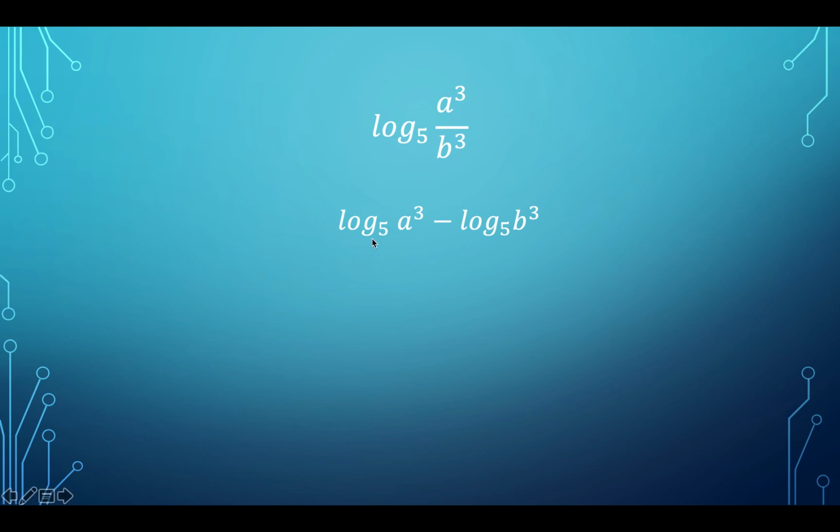So now we have log base 5 of a to the third minus log base 5 of b to the third. Not done just yet because we have these exponents up here. We have to simplify them. So let's bring them down to the front. So we have 3 log base 5 of a minus 3 log base 5 of b.